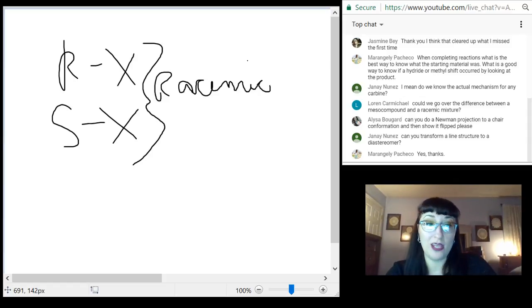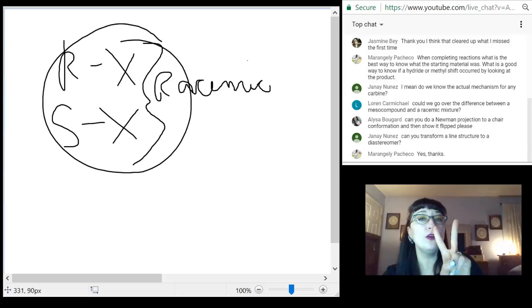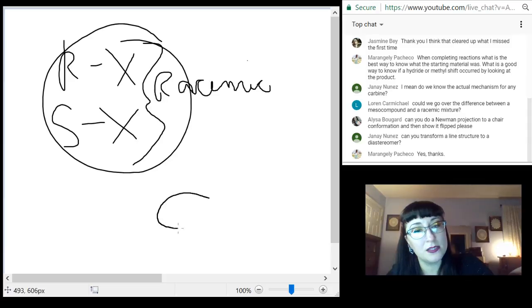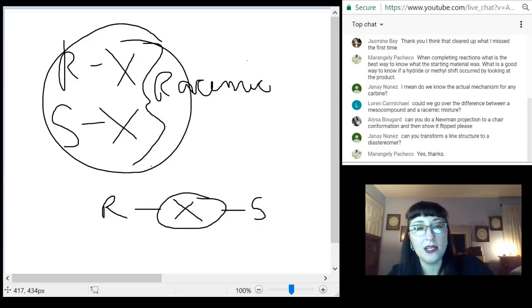That is different than a meso compound. What I'm showing you here is two different compounds. That's the S form and the R form. They are enantiomers, right? Now a meso compound is if you have, let's say, compound X, and one side of it has an R stereocenter and one side has an S, and it's symmetric down the middle.